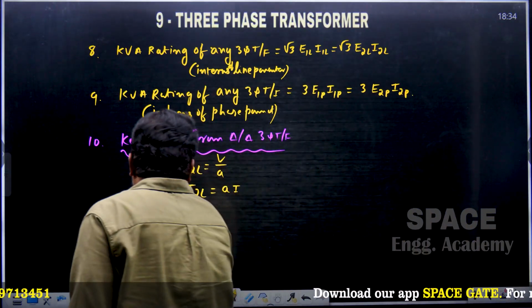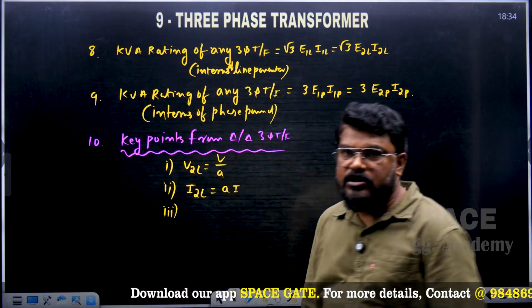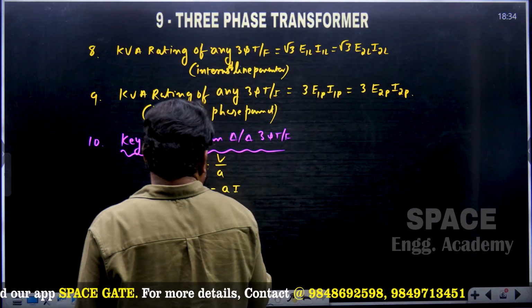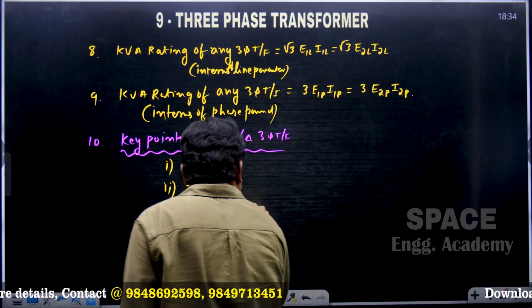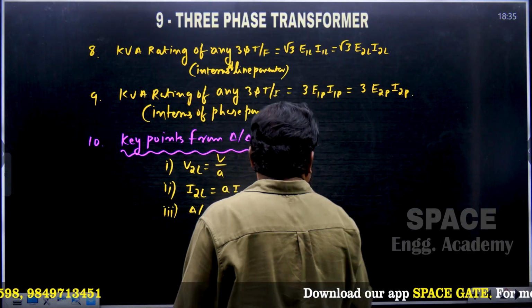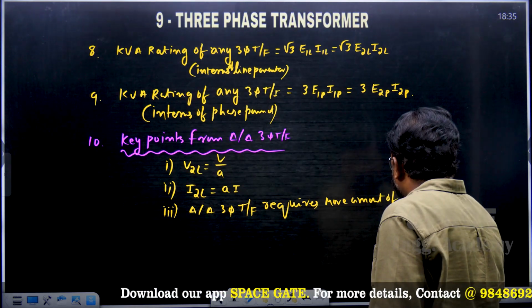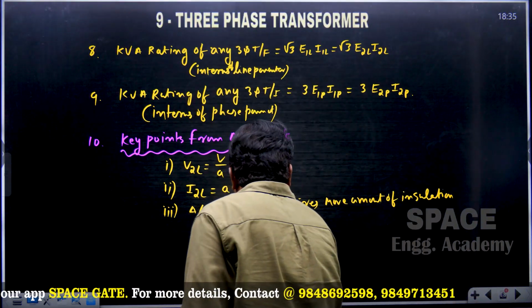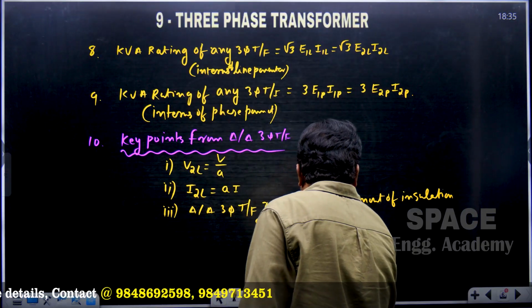And next possibility of the question, third one: delta three-phase transformer. This one is delta, so the three-phase transformer requires more amount of insulation and less amount of copper material.